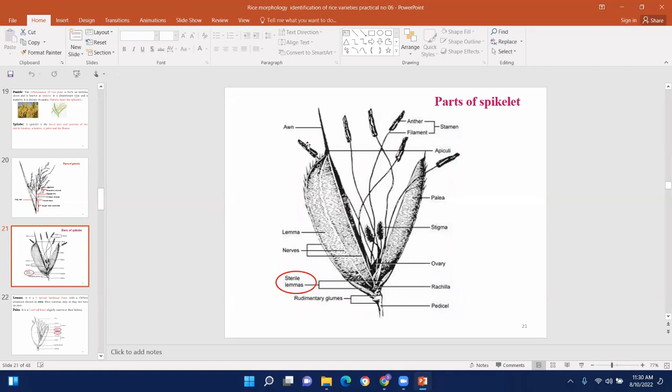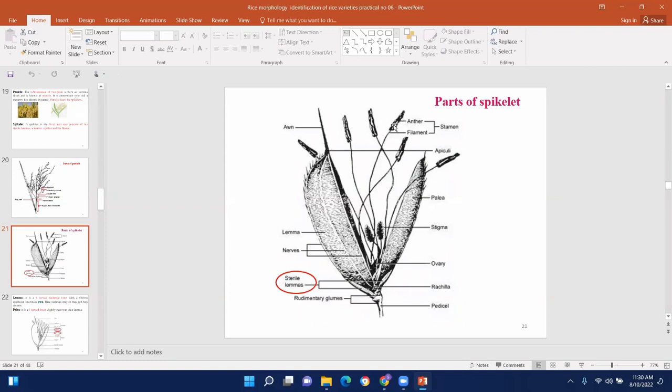This part is called the lemma, and this one is called the palea. I don't know how well you understand; physically we can see it. Now you can see this picture and watch that video clip again. I think you can understand.